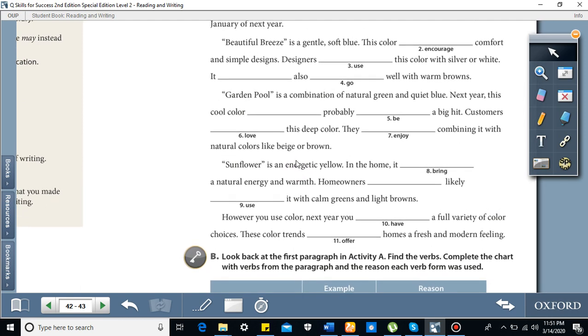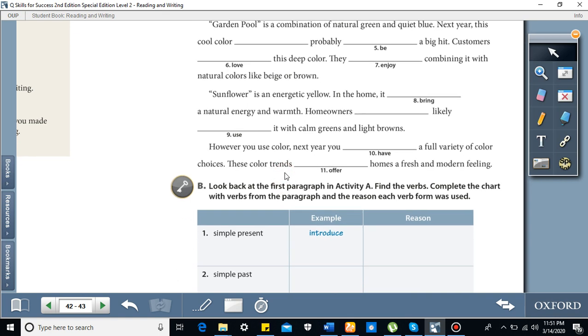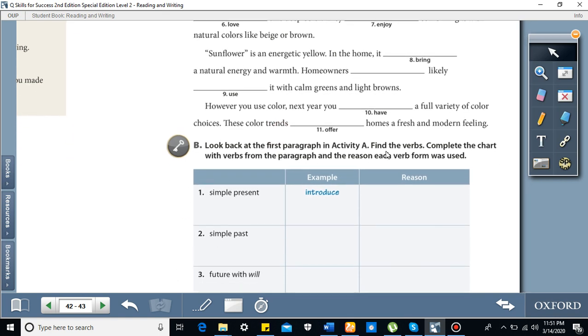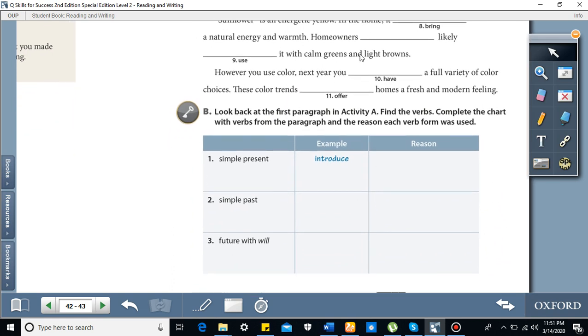Next, you need to look at activity A, which you already did before, and find the verbs, and then complete the chart here.